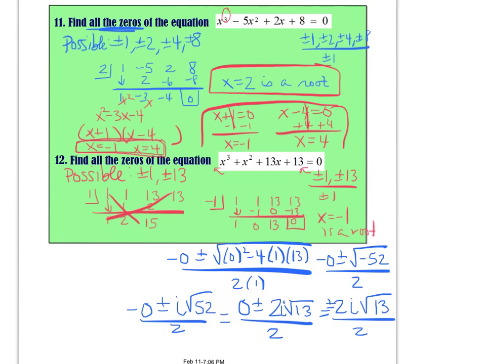And these 2's will cancel, and you are left with plus or minus i radical 13. So these are 2 of your answers. Your other answer came from x equals -1 working in that synthetic division. So there's your 3 answers for that problem.